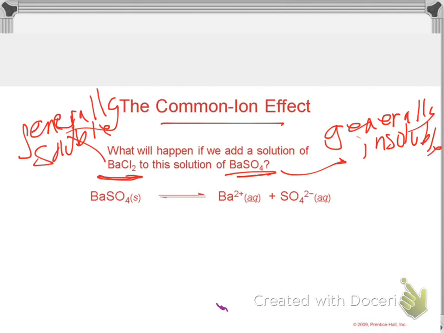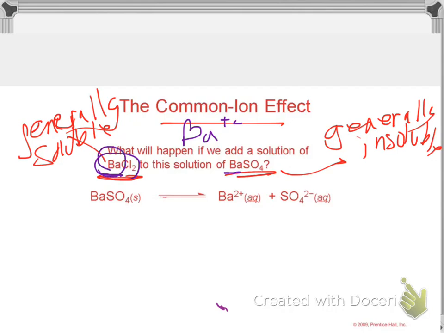Okay, so in this case, the common ion that we are talking about would be the barium ion. So we're talking about barium plus 2, which is the same ion that I have in barium chloride and in barium sulfate. So if we just think about what's going to happen from the Le Chatelier standpoint, if I add barium chloride, this is completely ionizing, so I'm going to end up with a high concentration of barium.